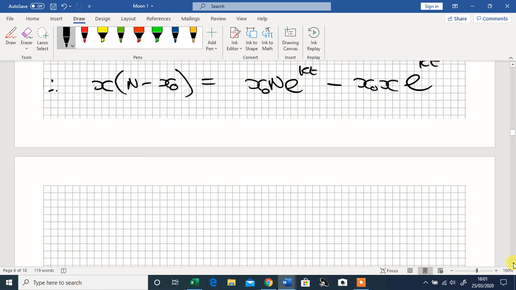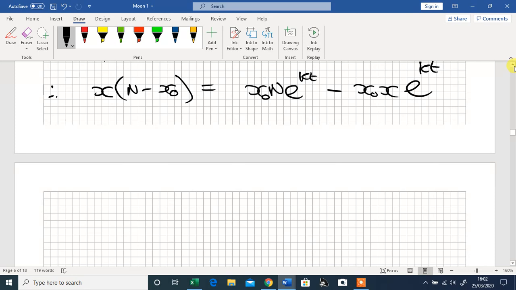Right. So what we do is we want to collect all the x's together, and so what we do is we bring all of this to the left hand side.